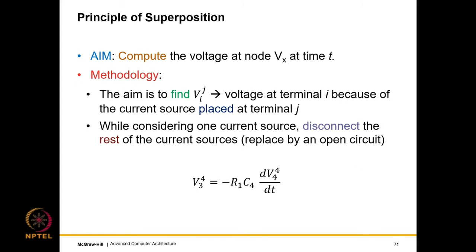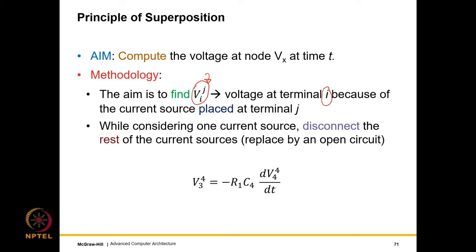The aim is to compute the voltage at node Vx at time t. What is the methodology? We would like to find this quantity Vij, which is the voltage at terminal i because of the current source placed at terminal j.